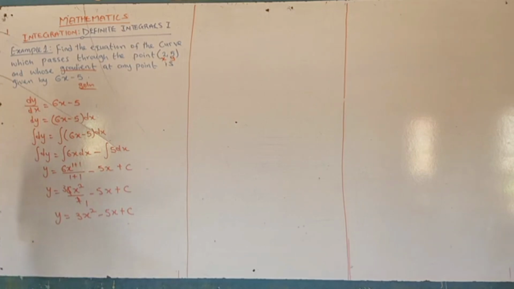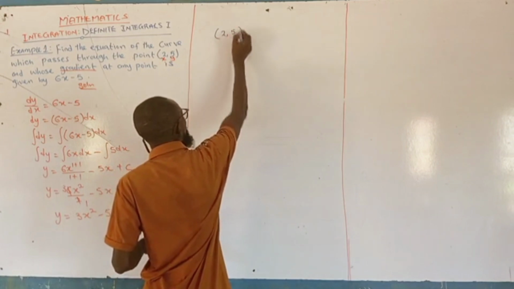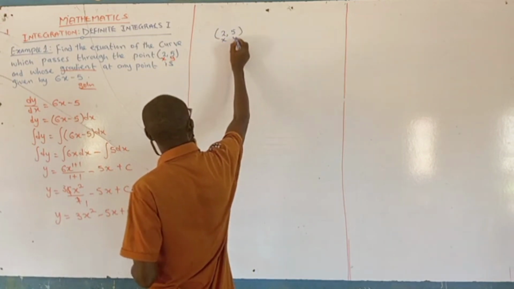So this is our equation after integrating this particular differential equation. But we want to find the value of this constant c given the values of x and y. We are given (2, 5), where x is 2 and y is 5.